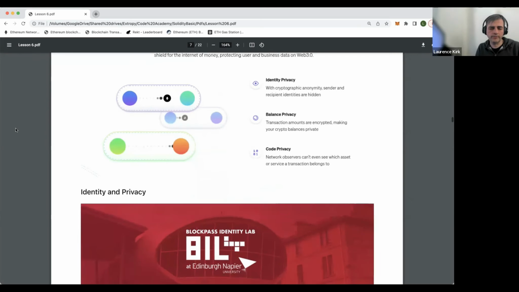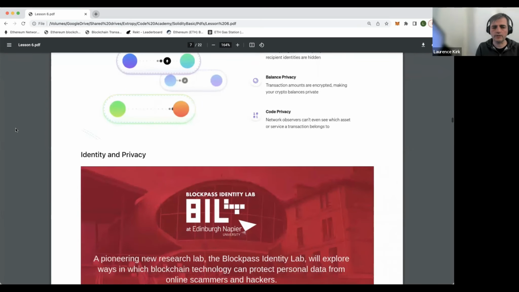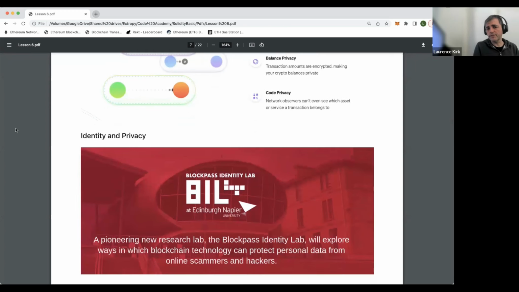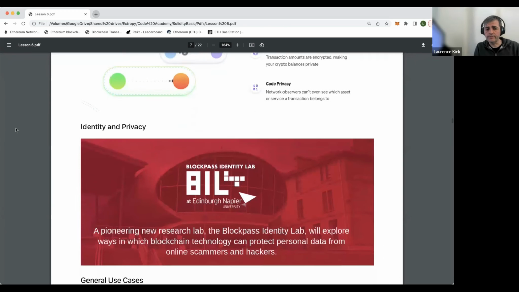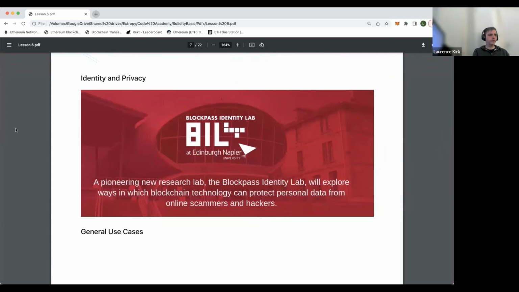And then also zero knowledge proofs are used in privacy and identity, and there is a lab at Napier University in Edinburgh called the Block Pass Identity Lab, which specializes in blockchain and identity and zero knowledge proofs. And so they also use proofs around issues of identity.